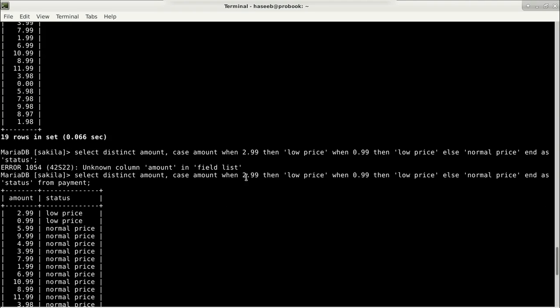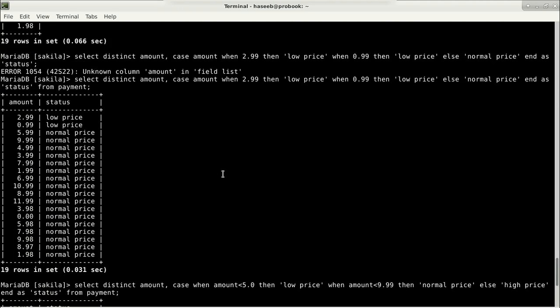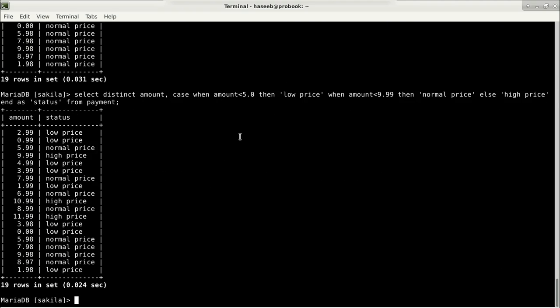We don't have to write it. It's built into the syntax. So if you just want to compare equalities, it's better to use this syntax. But if you have to use inequalities, like a complex condition, then use this syntax.